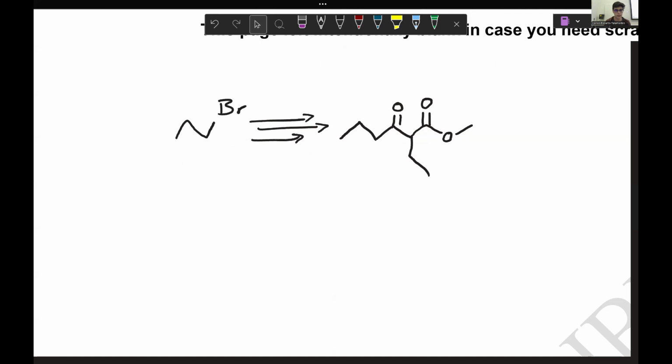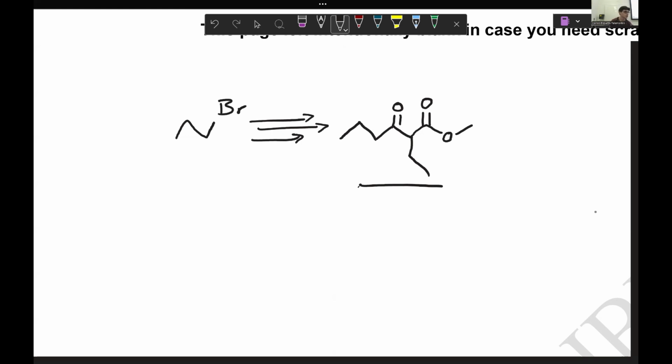So let's start with the reactants. What kind of reaction is this a product of, essentially?